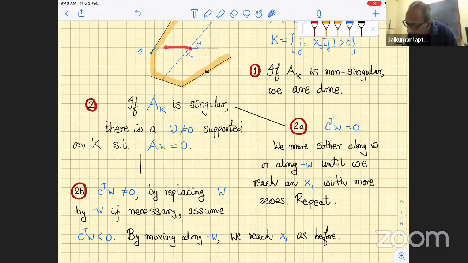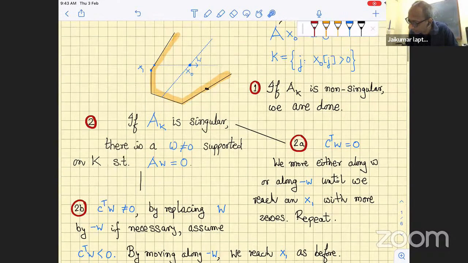So it must be that some new variable has become 0, and that variable must be one of the variables contained in this set, because W is 0 outside of this set. If the movement in the direction W causes some variable to become 0, it must be one of these variables. And we are back to the case where we have another feasible solution with fewer non-zero coordinates. And we can repeat this.